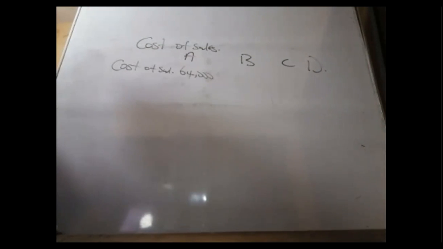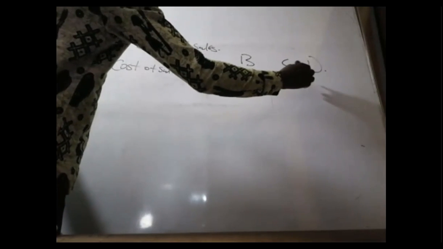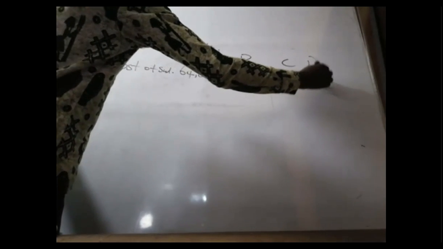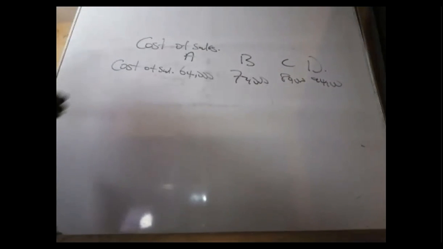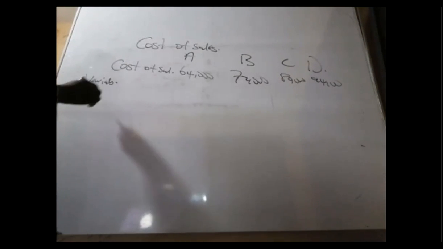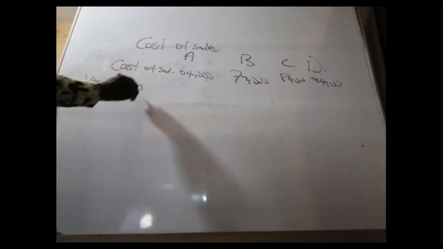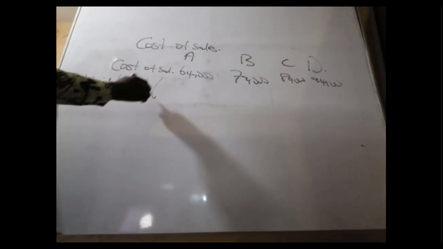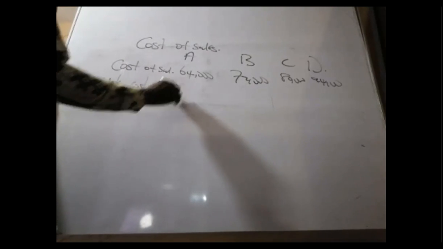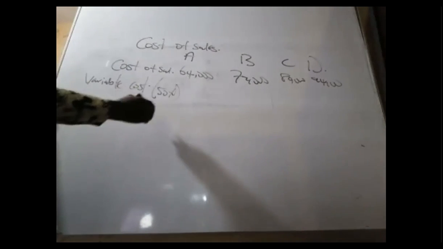And then B, 72, then C, 80, then 94. Then the variable one is variable cost of sales, 50% of what? Variable cost represents 50% of sales. 50% of sales, we have 43,000, right?